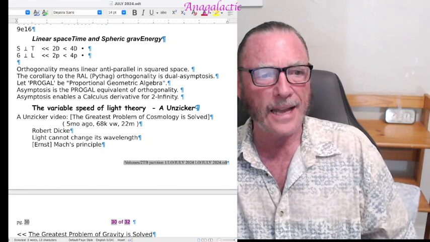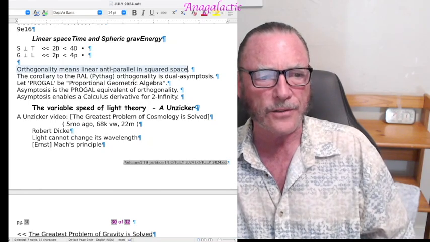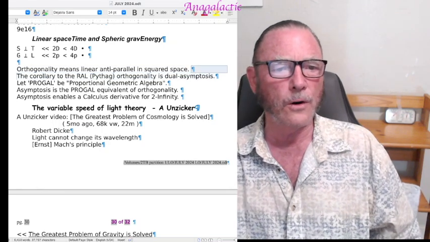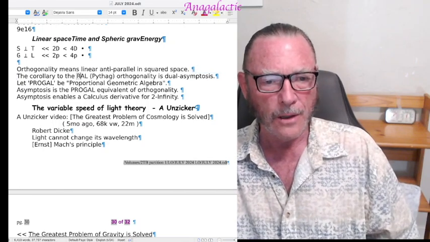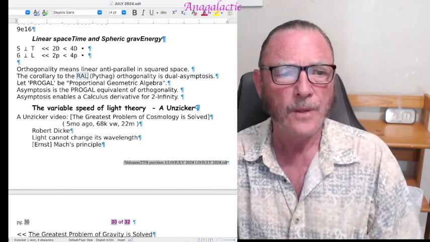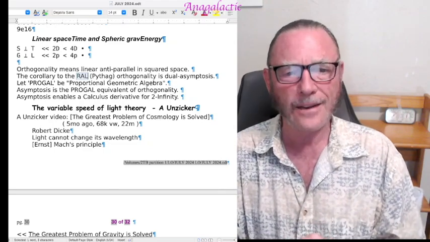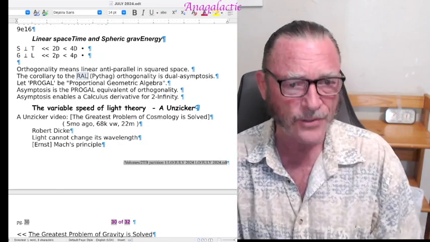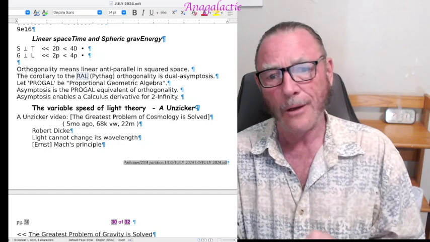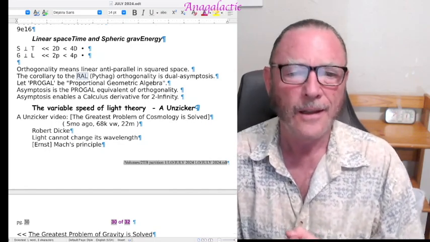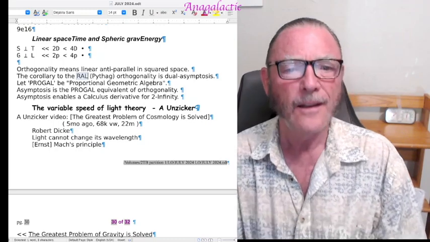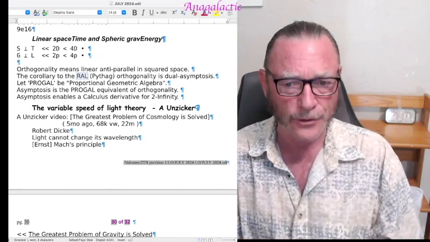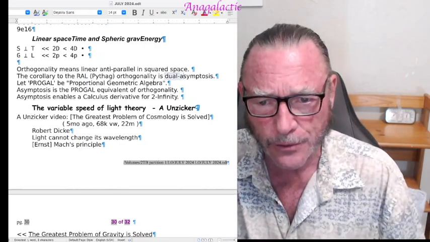Orthogonality means linear antiparallelity in square space. You do understand that, so let's go on. The corollary to the Pythagorean theorem, which should be called the right angle law, the corollary to that orthogonality in real space, which is not square space, but rather spherical space, which is real space because of gravity, then the corollary to the Pythagorean theorem in spherical space is dual asymptosis.